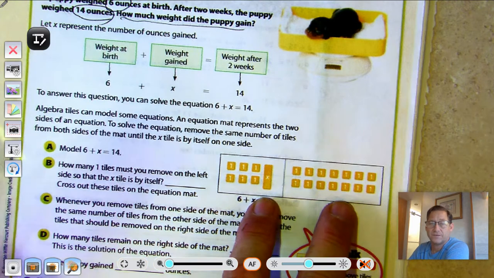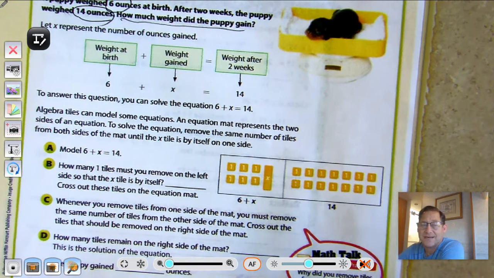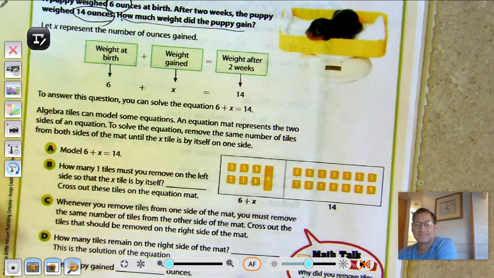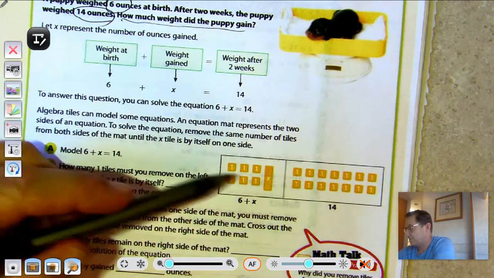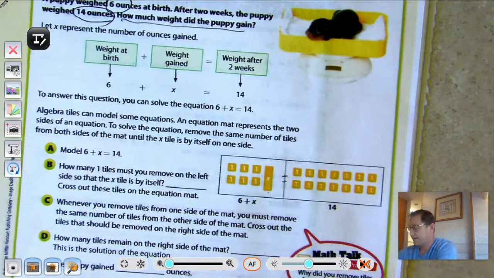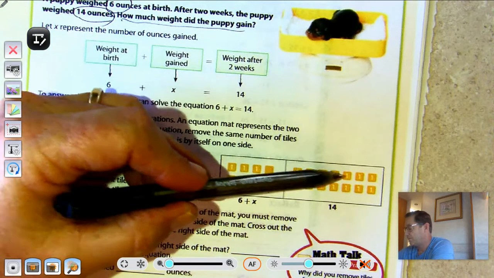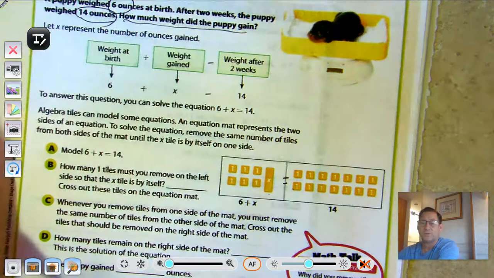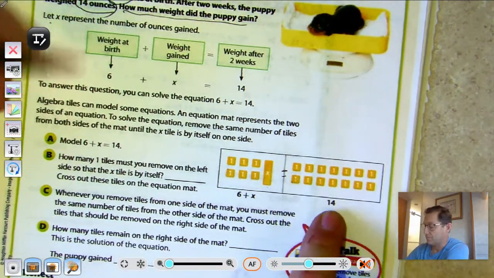We'll call that isolating the variable. Here we have 6 plus x. This part is the equals. Equals what? 1, 2, 3, 4, 5, 6, 7, 8, 9, 10, 11, 12, 13, 14. So 14, to represent the number 14.